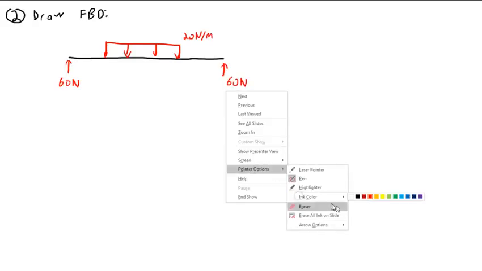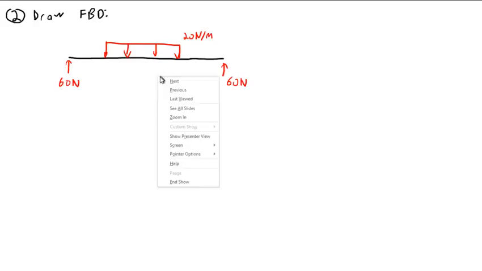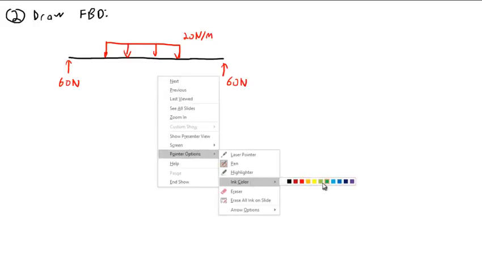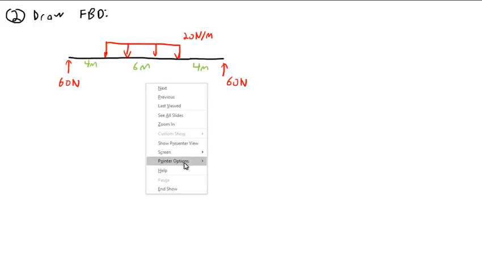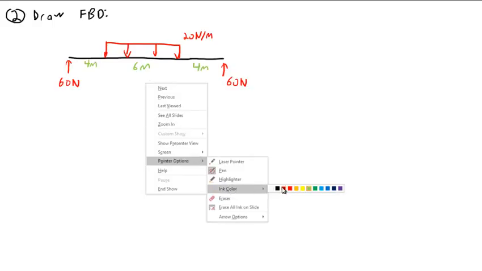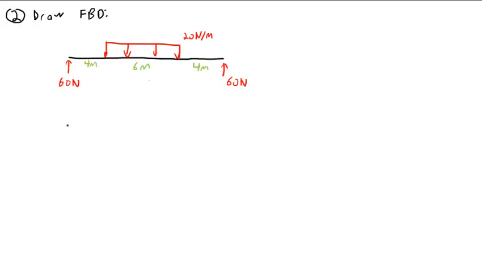And then the dimensions are going to be 4 meters, 6 meters, and 4 meters. Like so. Now, I am going to use this to get the shear diagram, applying the principles that we saw in the first slide.